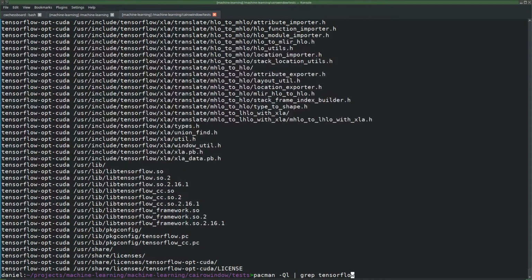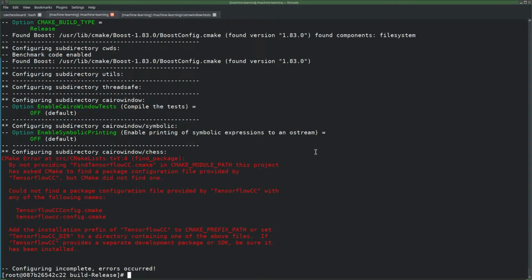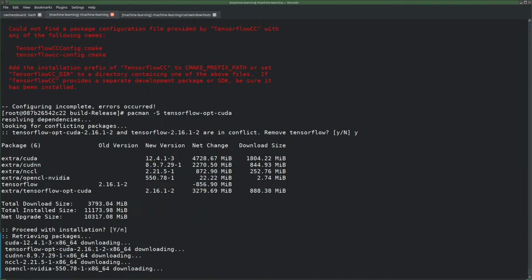Ugh, I do it again. Yeah, I have installed this one. TensorFlow opt CUDA. Pacman, install that. Remove TensorFlow, yes, because that was a mistake.